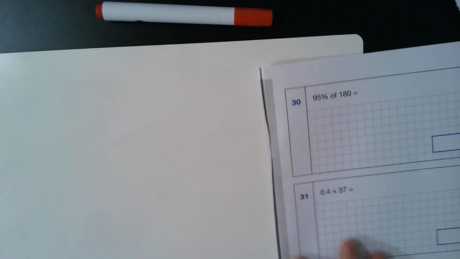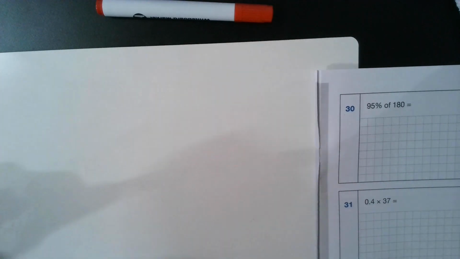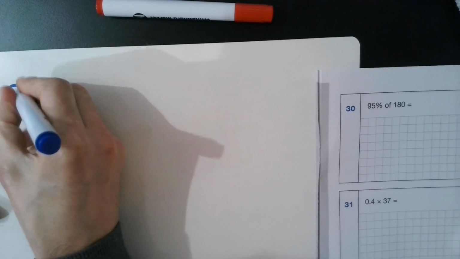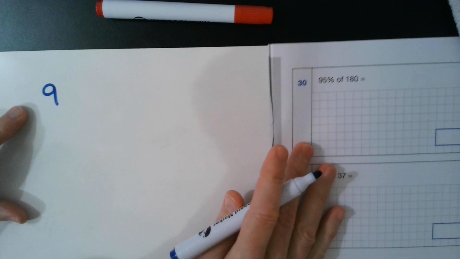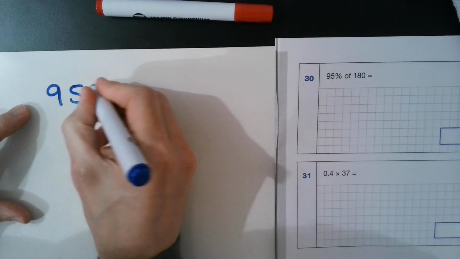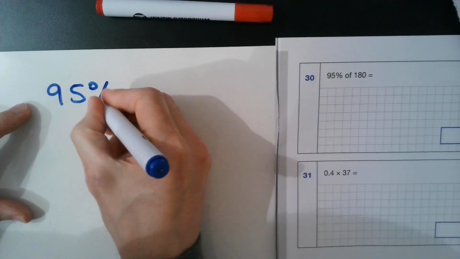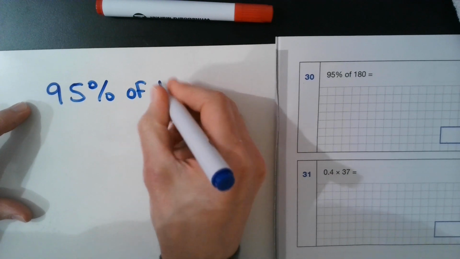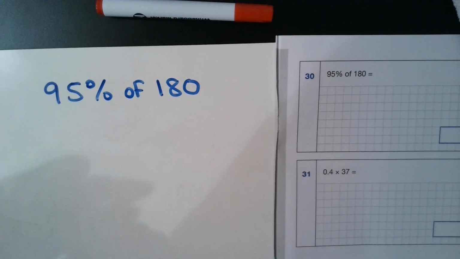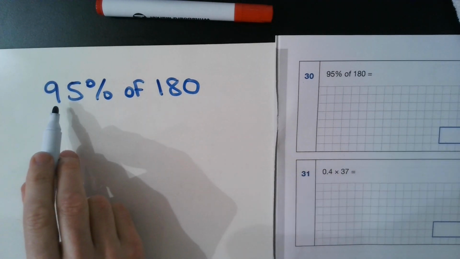So, next question, and that is question 30. 95% of 180. We can see that's very close to 100%.